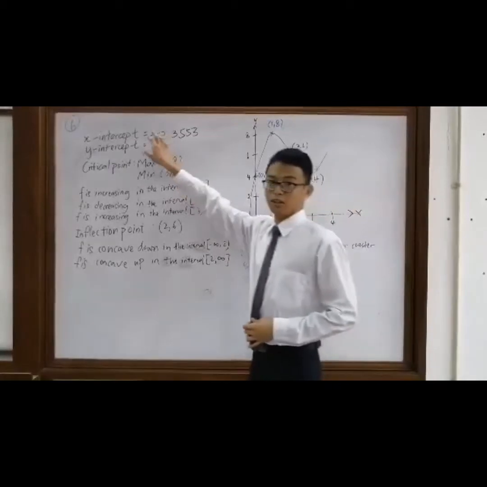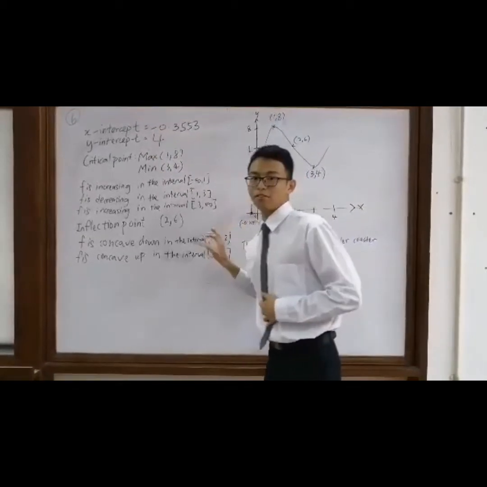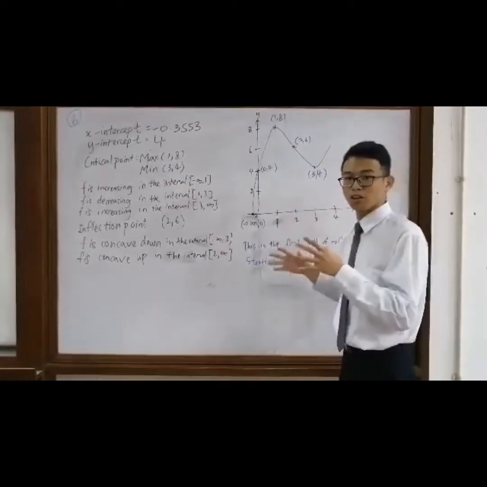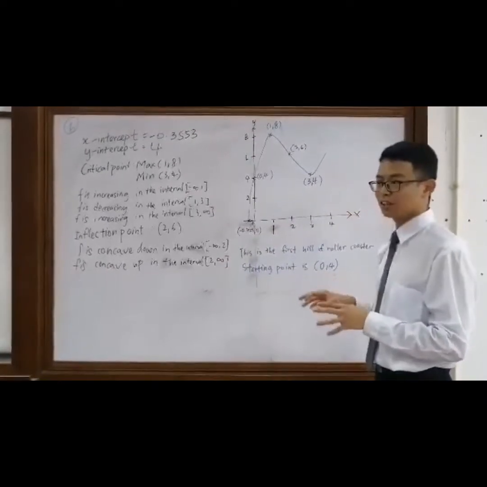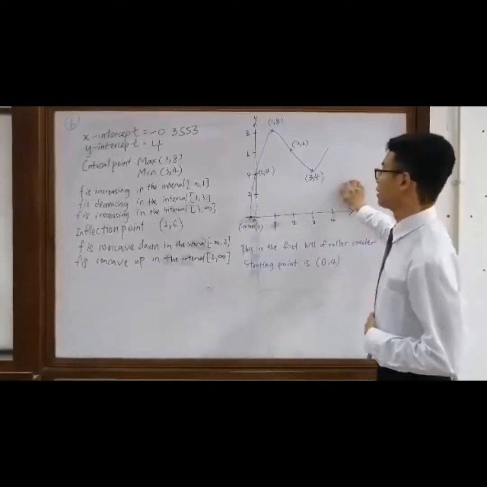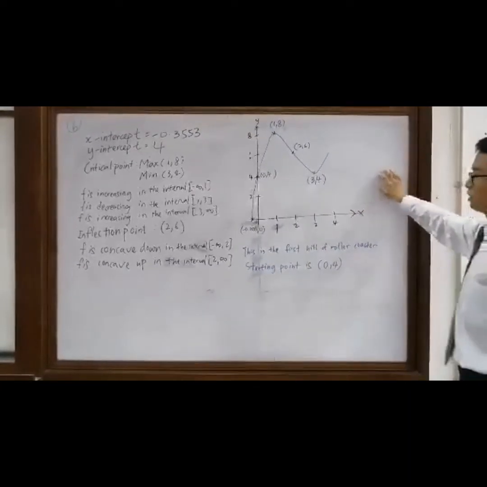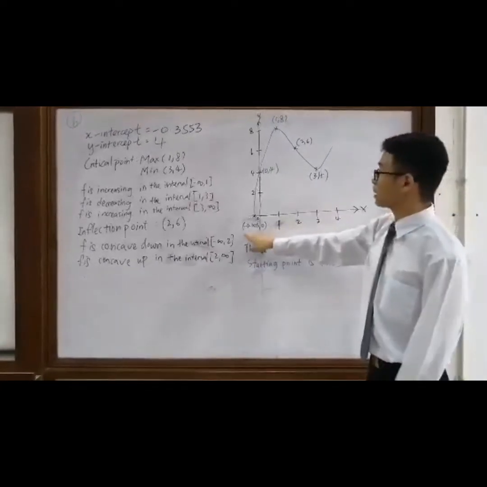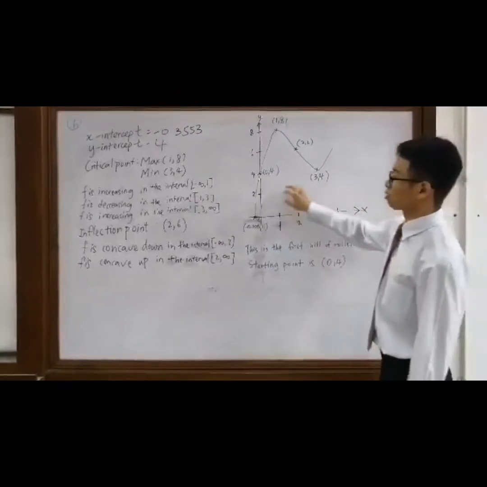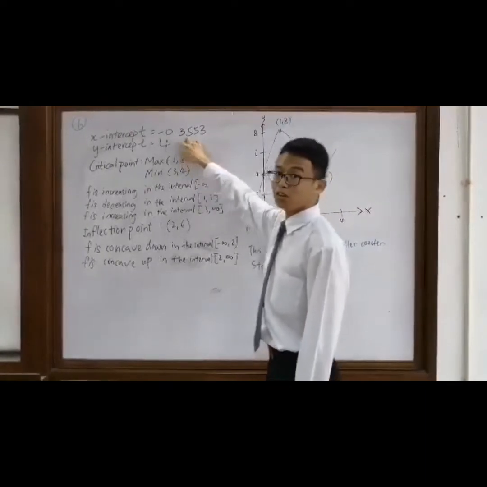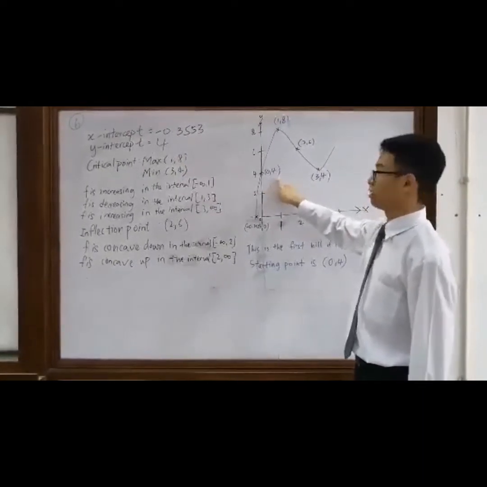Question 6 needs us to sketch the graph. So we need to combine all the results from the previous questions and determine the information about the graph. You can see this is the graph. The x-intercept is (-3.553, 0). The y-intercept is 4, that is this point (0, 4).